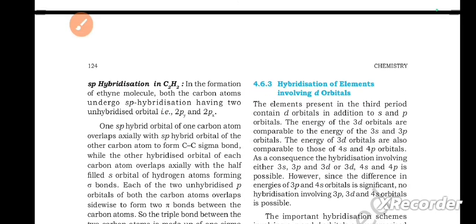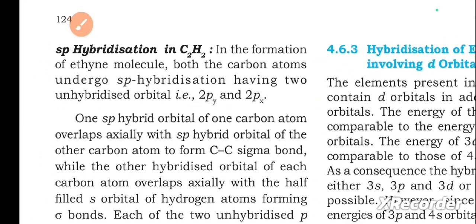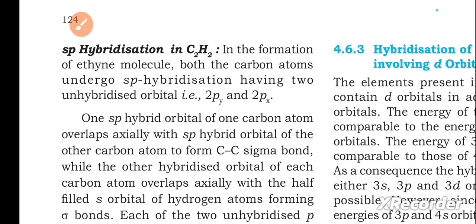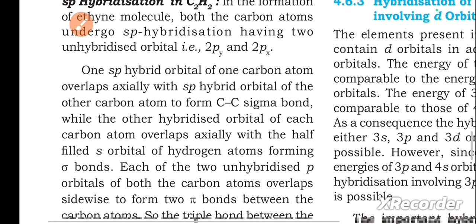Next is sp hybridization in C2H2. In the formation of the ethyne molecule, both the carbon atoms undergo sp hybridization having two unhybridized orbitals, that is 2py and 2px. One sp hybrid orbital of one carbon atom overlaps axially with an sp hybrid orbital of the other carbon atom to form a C-C sigma bond, while the other hybridized orbital of each carbon atom overlaps axially with the half-filled s orbital of hydrogen atoms, forming a sigma bond.